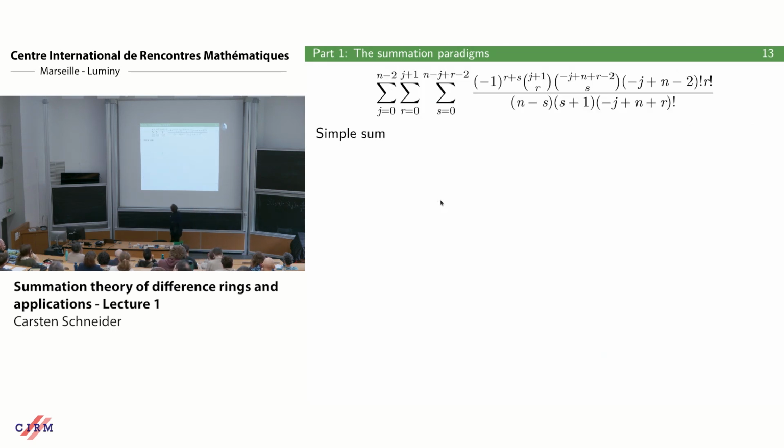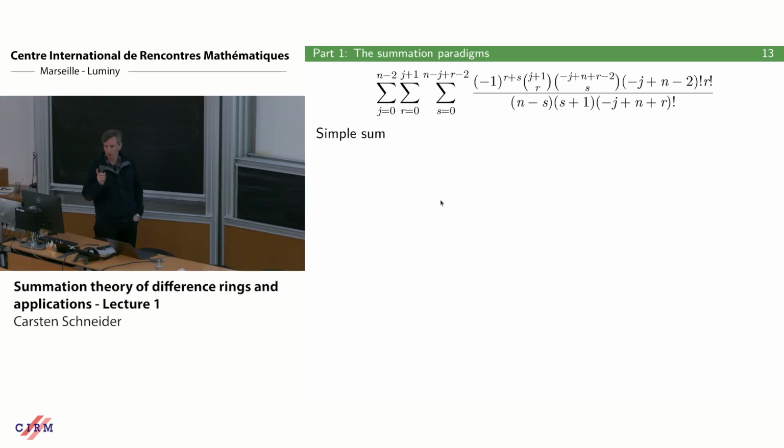Okay, here's another example to illustrate that. We have here a triple sum. No harmonic numbers involved, just the binomial coefficients, factorials, alternating sign, and then we sum over s, r, and j. And the boundaries are also dependent on each other. So you have to sum in this order now, so you have no flexibility to interchange.